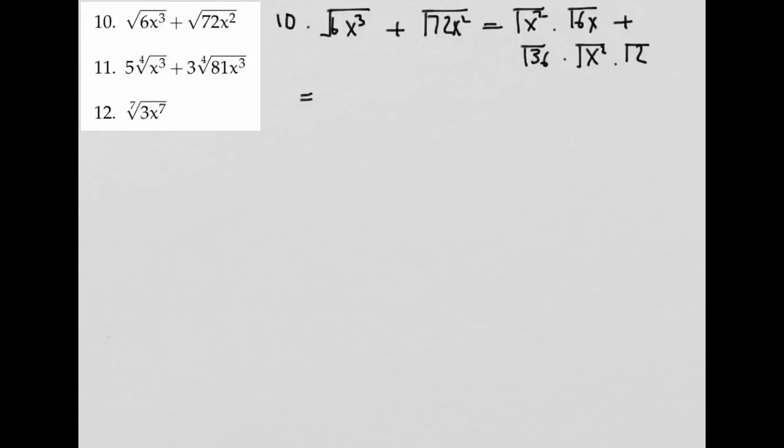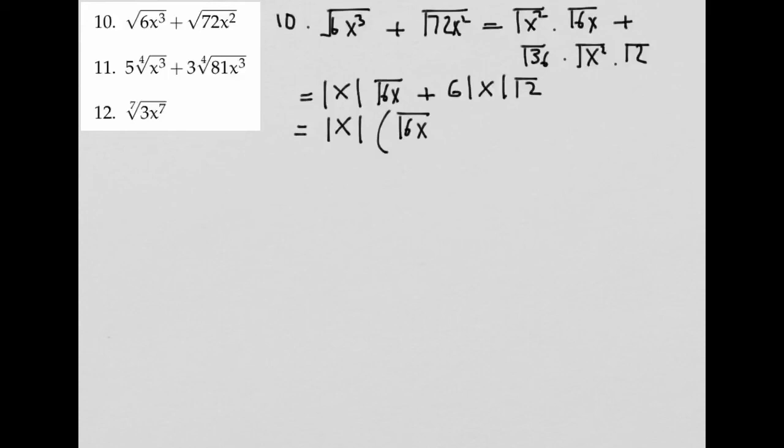That's equal to square root of x squared, because the index is even, comes out as absolute value of x times the square root of 6x plus square root of 36, which is 6, square root of x squared, which is absolute value of x, times square root of 2. Factor out an absolute value of x to be left with square root of 6x plus 6 square root of 2.